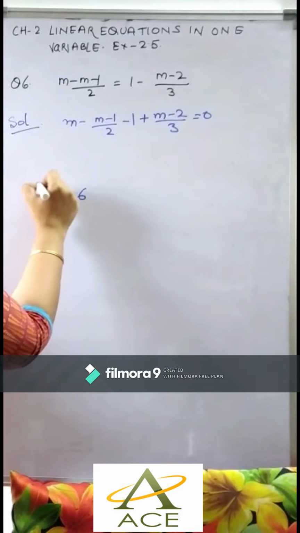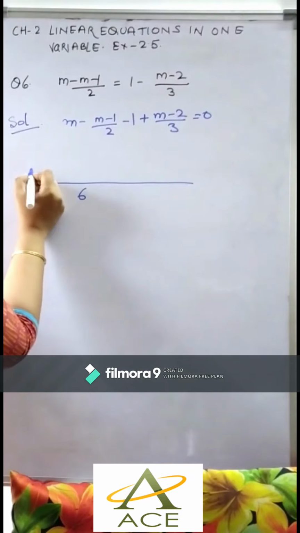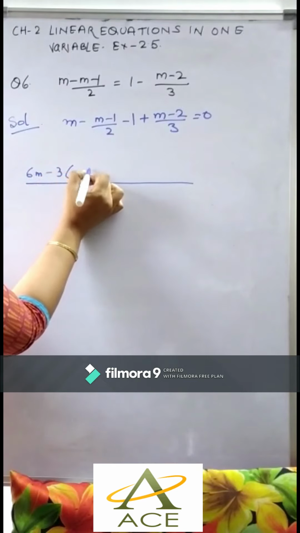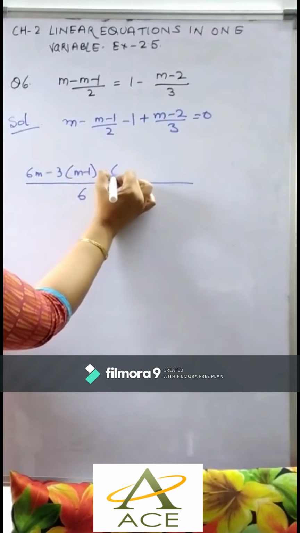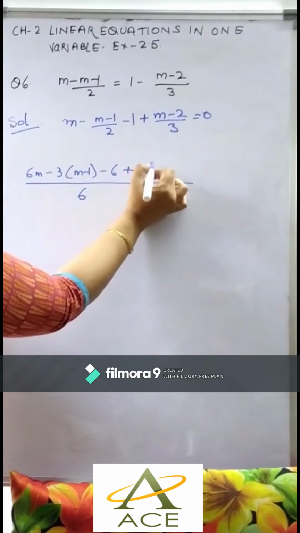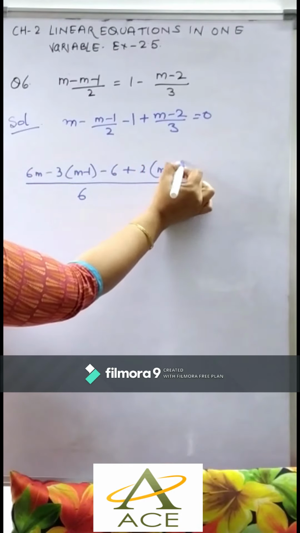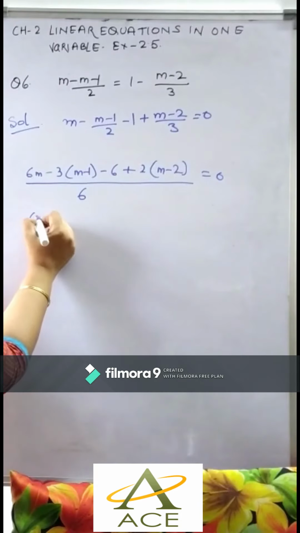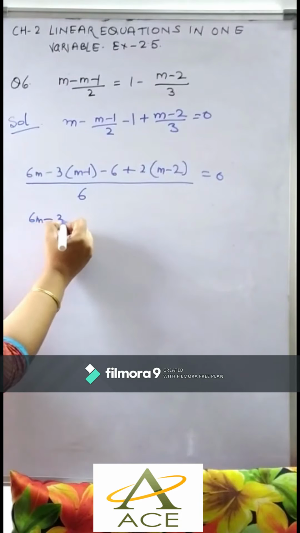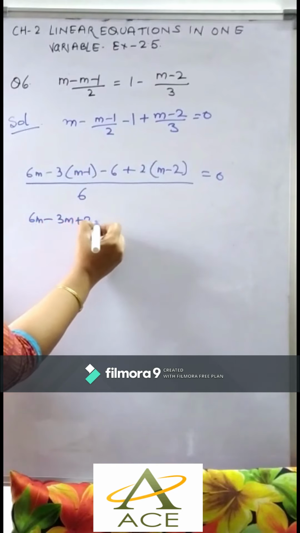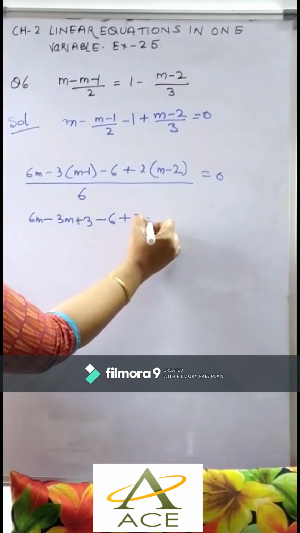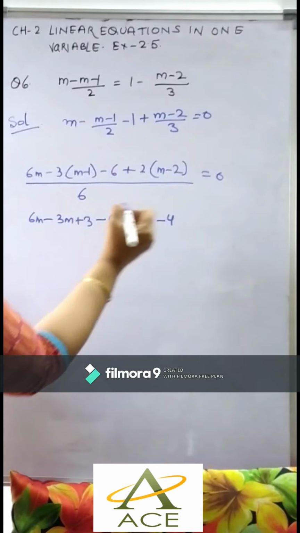It will come out as 6. 6m minus 3 times m minus 1 minus 6 plus 2 times m minus 2 is equal to 0. 6m minus 3m plus 3 minus 6 plus 2m minus 4.